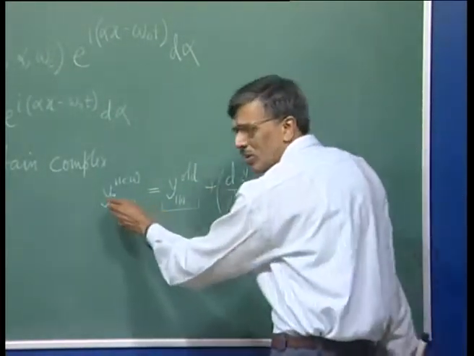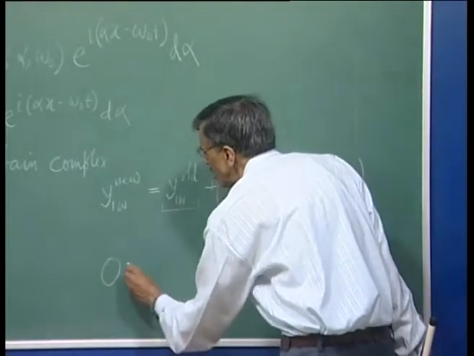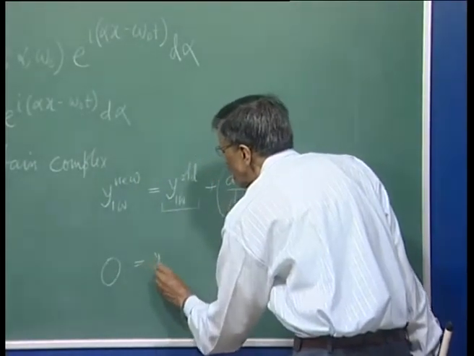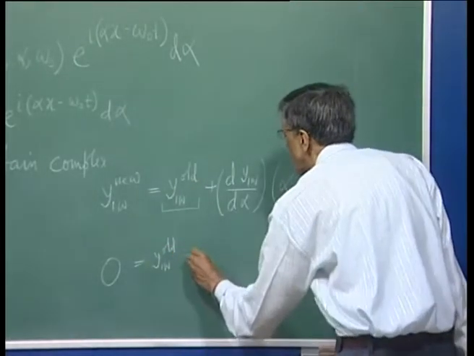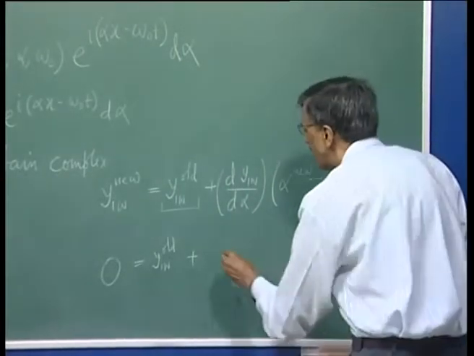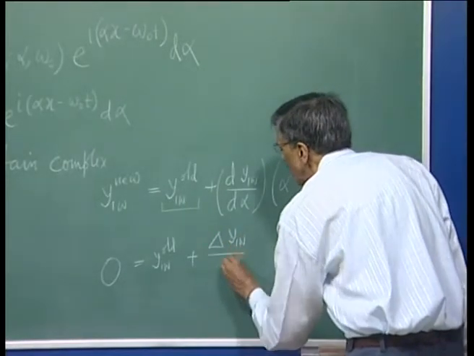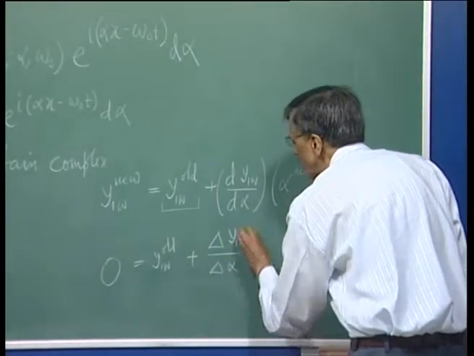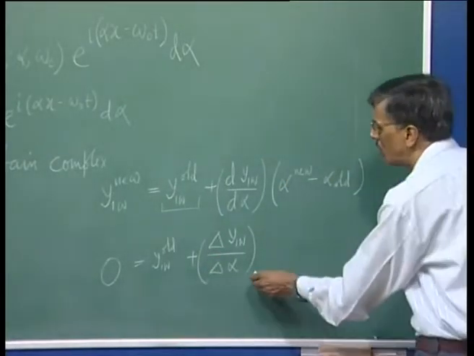So, we want to put this value to be equal to 0. So, if I do that, this will be 0, this one will be this, plus this I will have a numerical estimate. Numerical estimate will give me some kind of estimate of this kind. So, this I would be evaluating where?